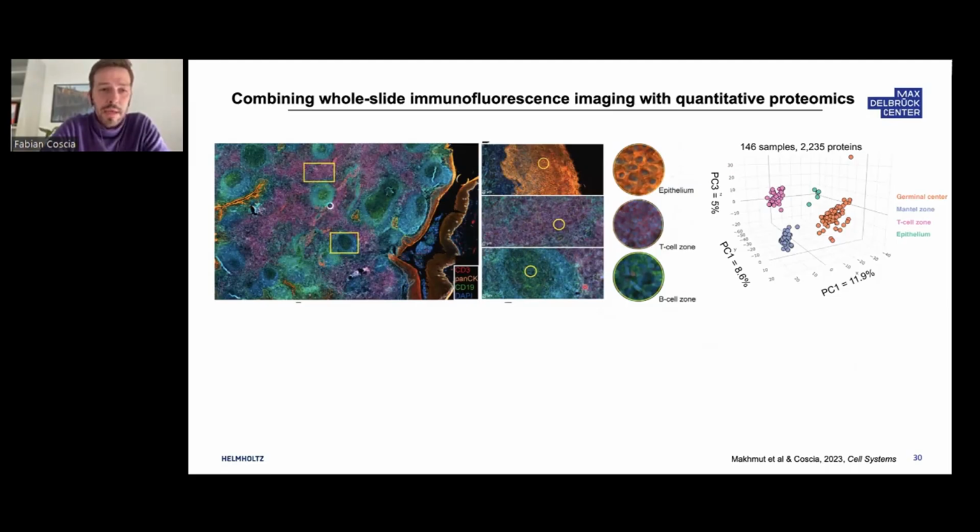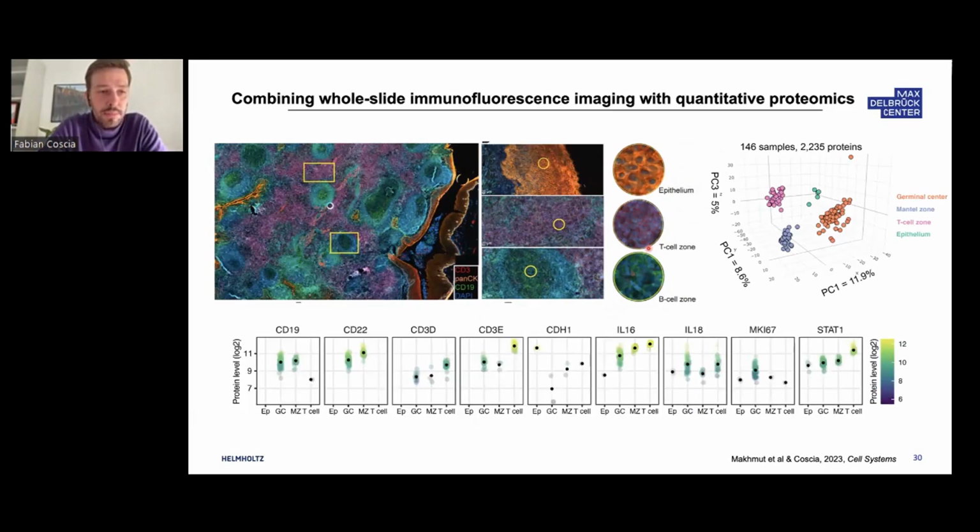Then, guided by the immunofluorescence image, we can classify the cells based on their cell type, based on their spatial location, and then quantify these cell type specific changes or unique proteins. For instance, you see here the CD3 receptor characteristic for interfollicular T cells.